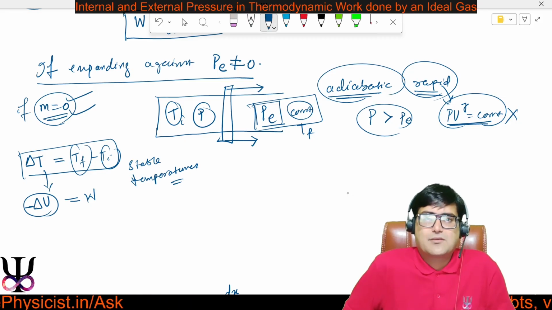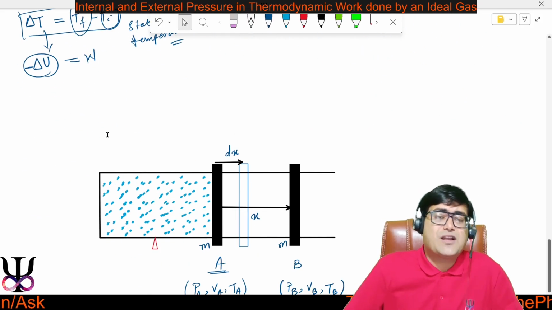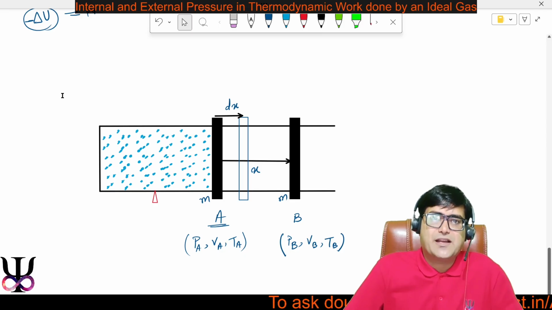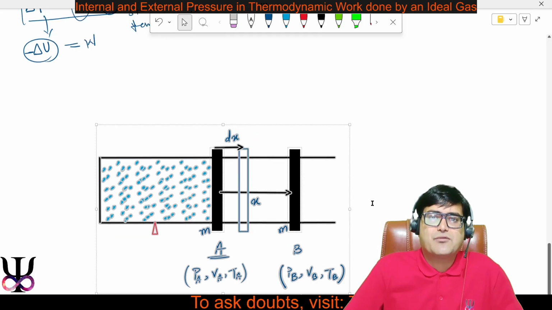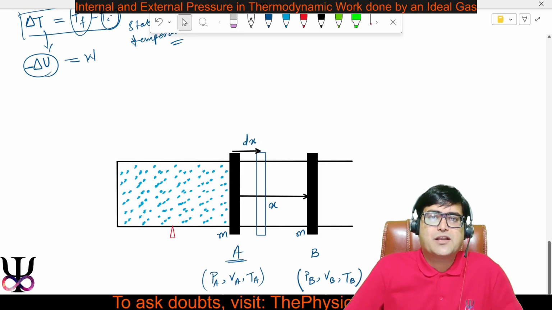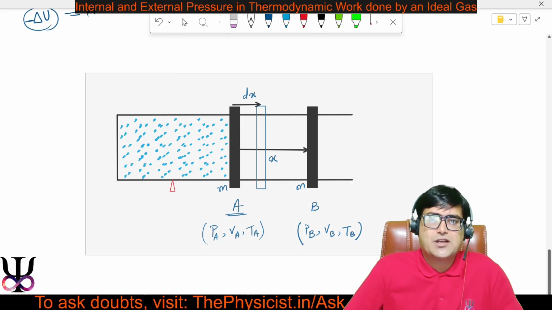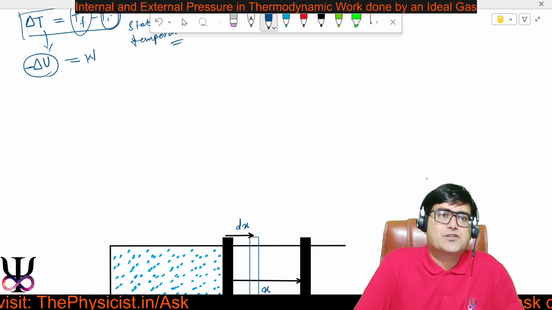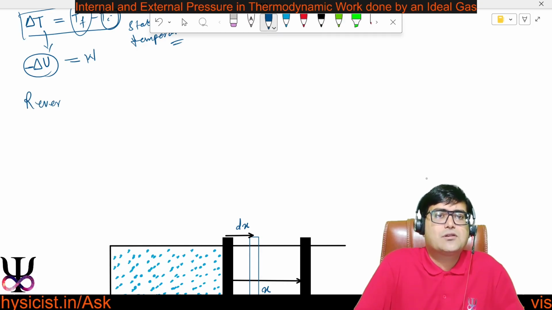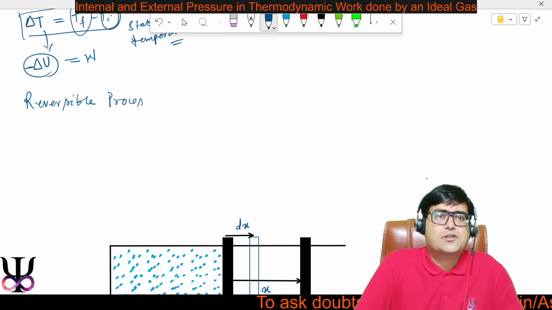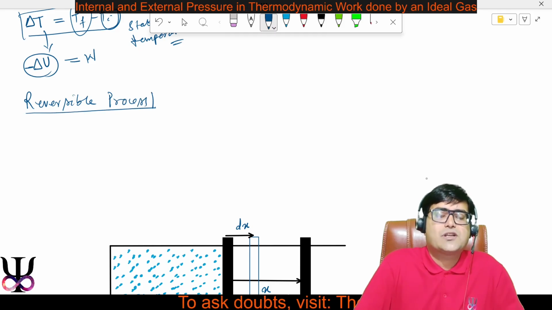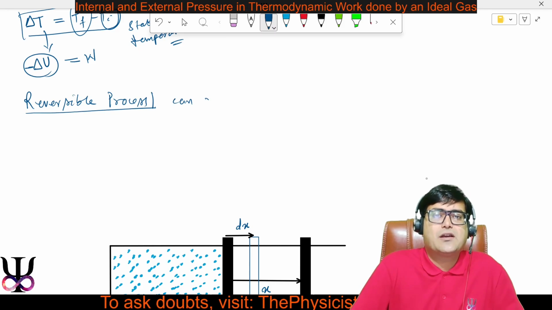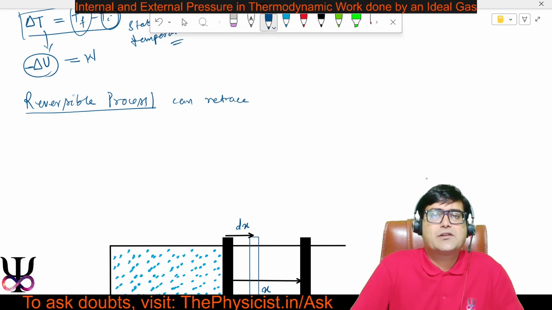Right. Now in problems, let's come to the easier parts. Now we are considering quasi-static processes. Let's talk first about the reversible process. A reversible process can retrace its path.